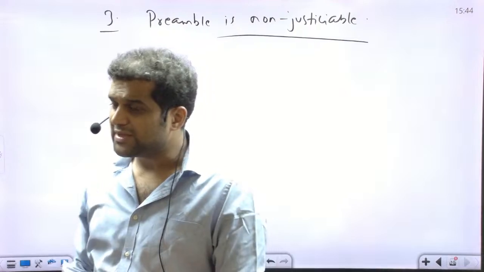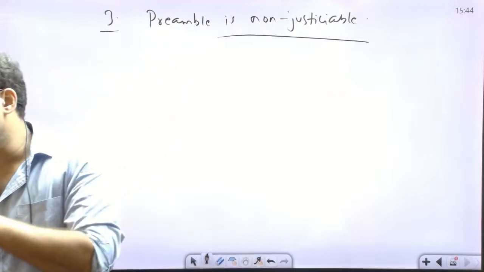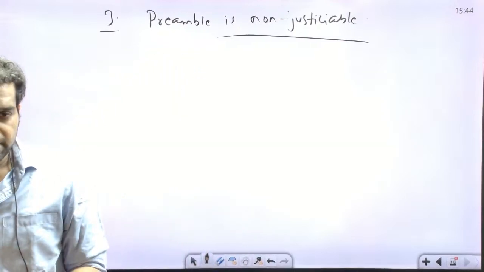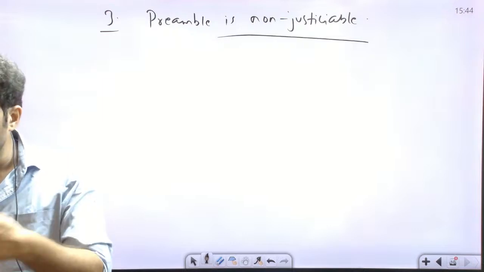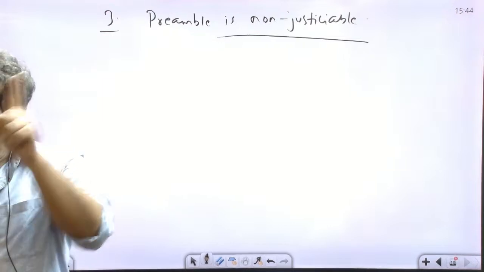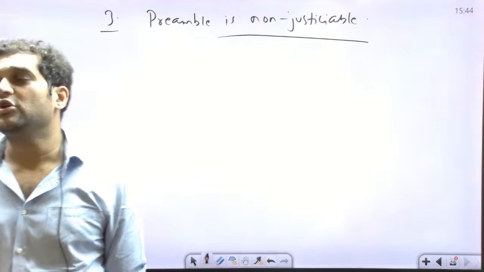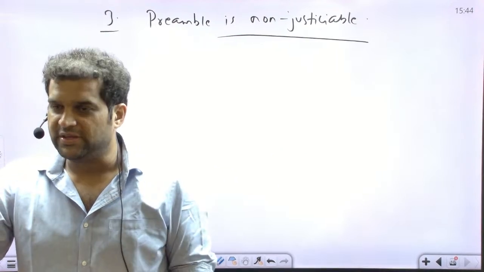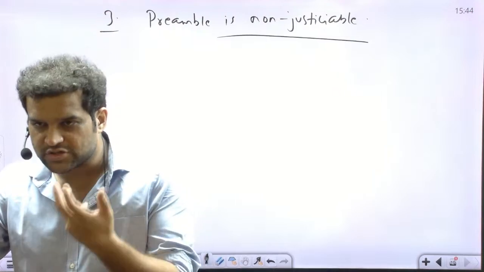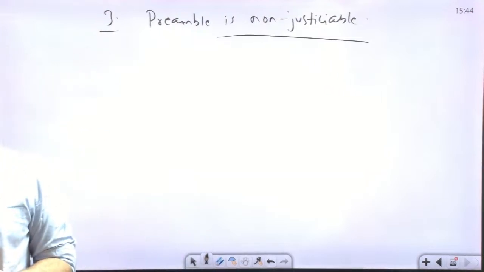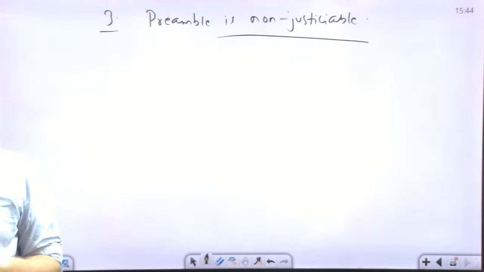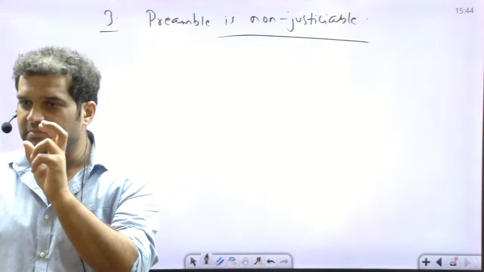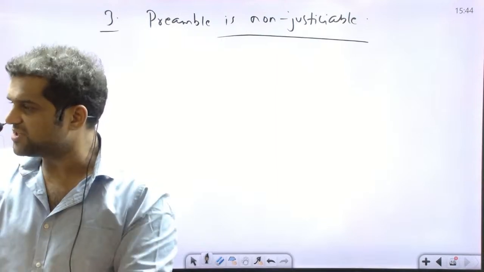And number two, it means that if the government fails to obey the philosophy as told by the preamble, the government cannot be challenged in any court. This is what non-justiciable means. Non-enforceable. I think we have discussed this in earlier classes also, this concept of something being justiciable and something being non-justiciable.